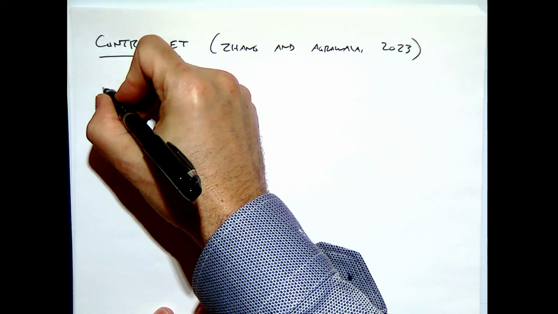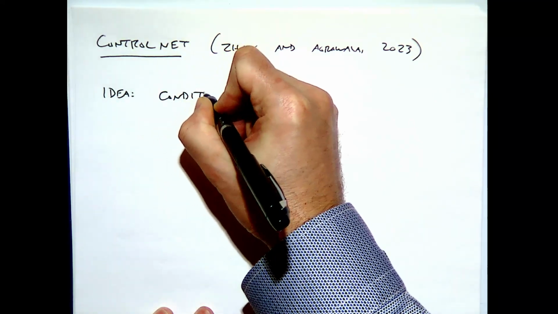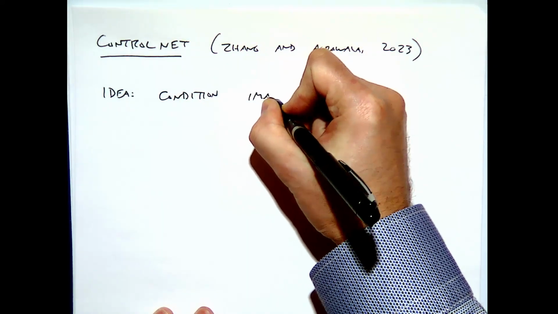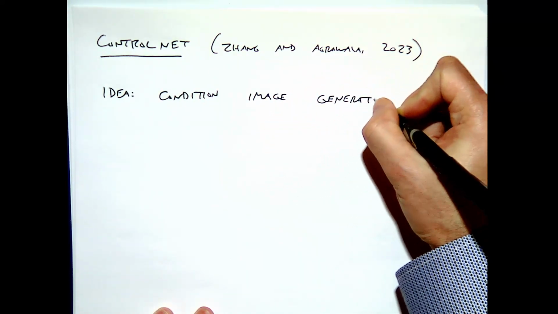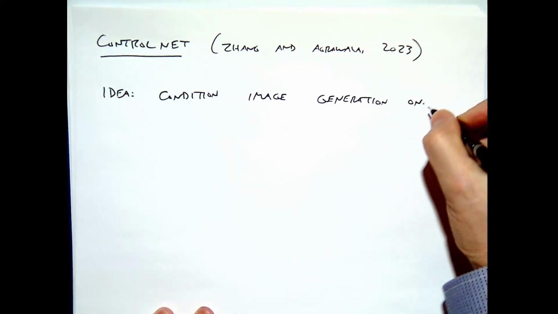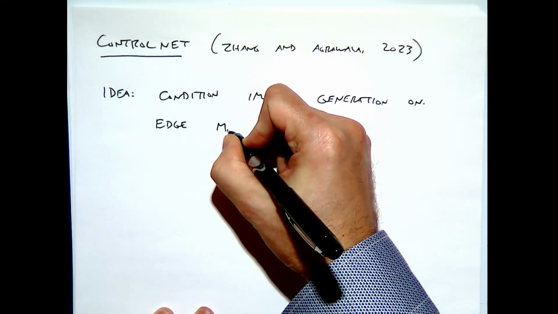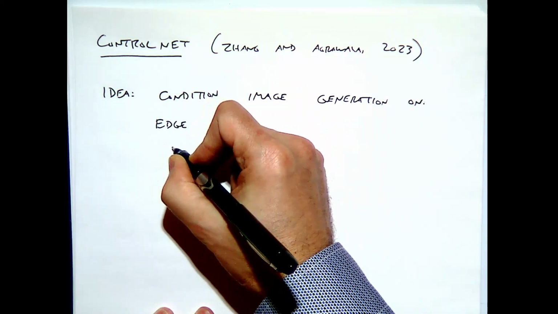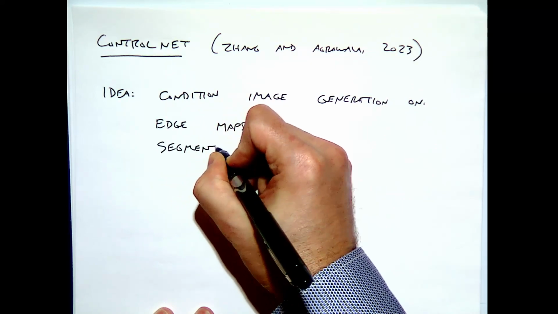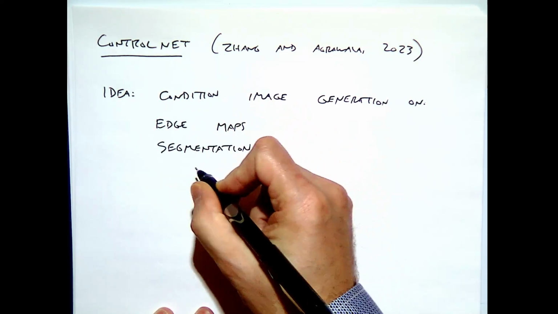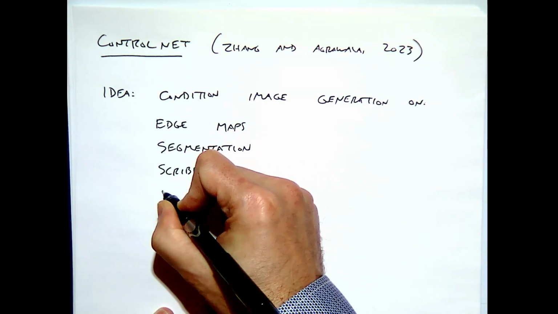So the idea is to condition the image generation on, could be edge maps, segmentation, scribbles, pose estimation.